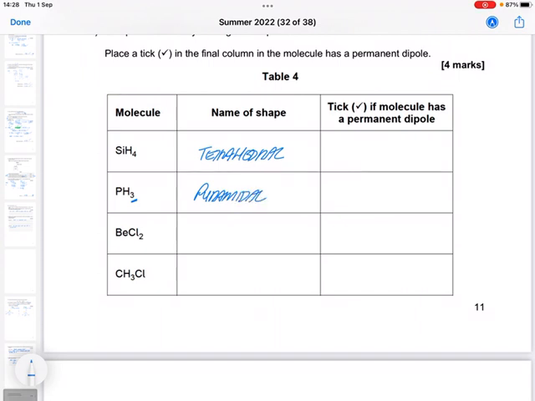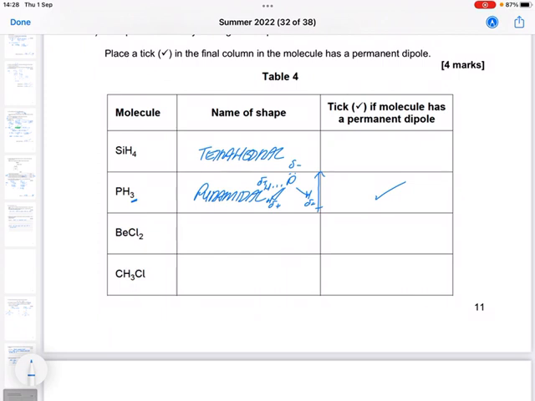And the phosphorus is going to be on the top, which is more electronegative than the hydrogen, so that's going to be δ minus. So there'll be δ pluses on all of the hydrogens down here. Okay, so this is a polar molecule like that.